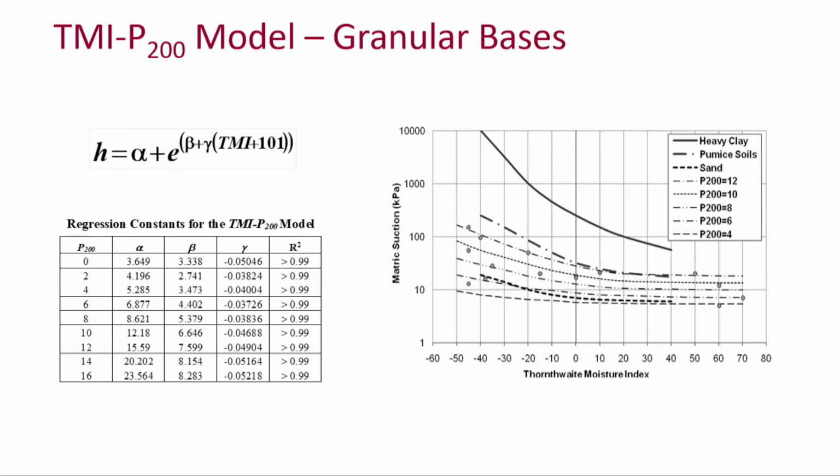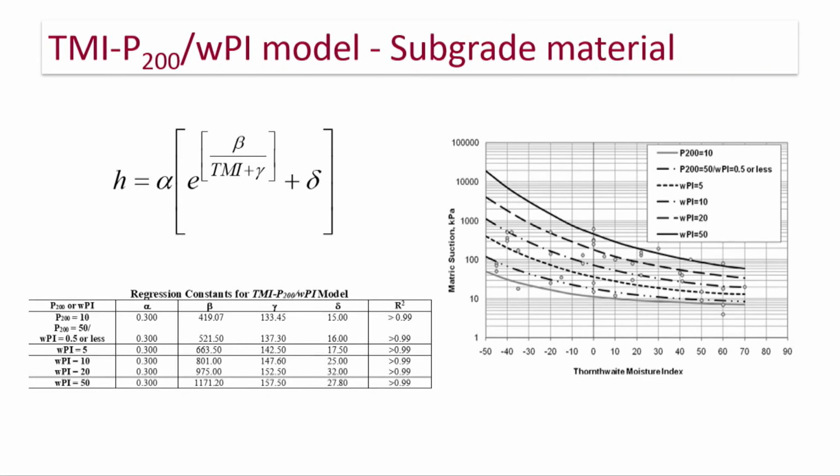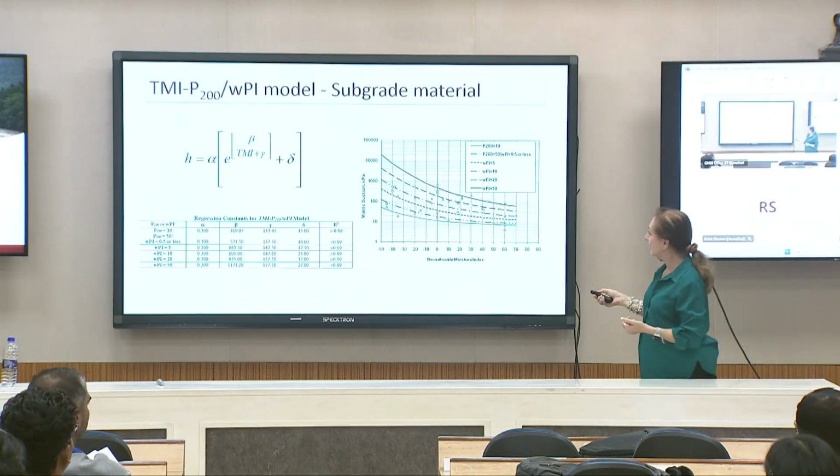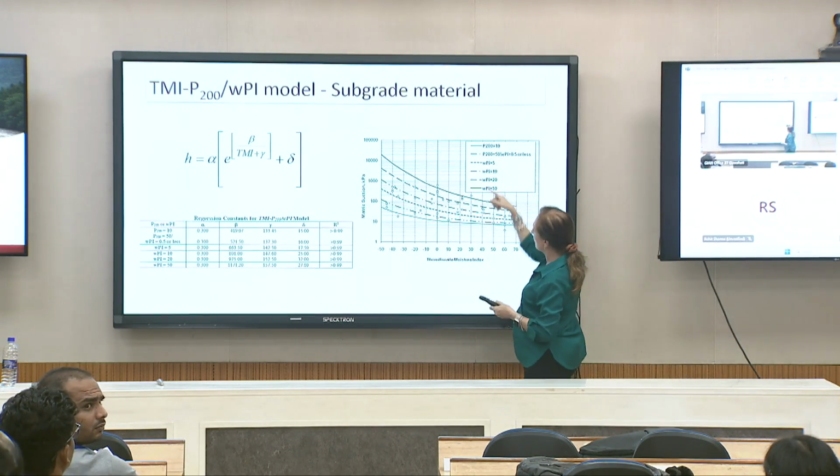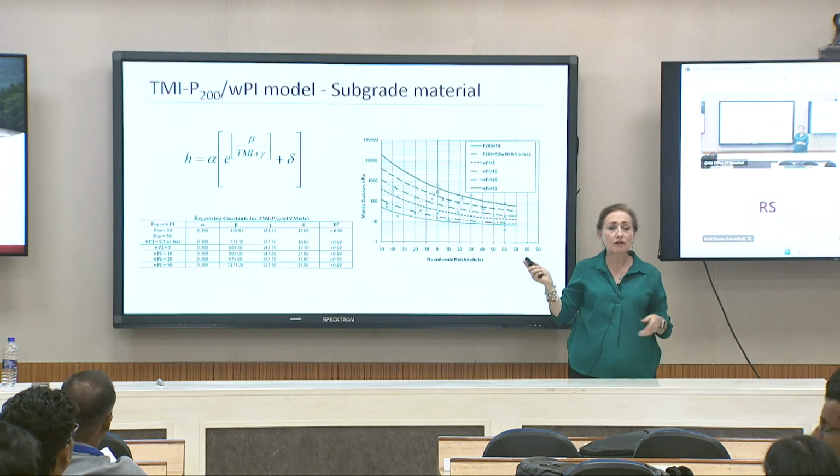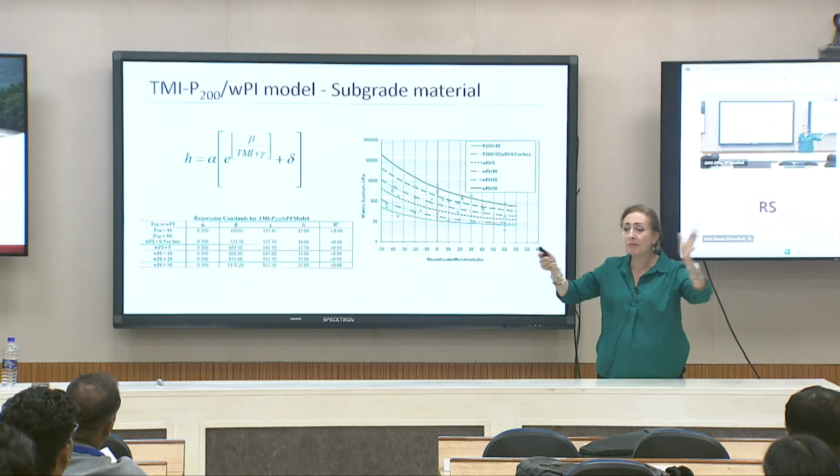This one is the model for granular-based materials, or for sand materials, sands with no PI pretty much, or very low PI. And this is for the subgrade material, higher PI. They were a function of percent passing 200 and PI. So you're going to have models to go from TMI to suction.